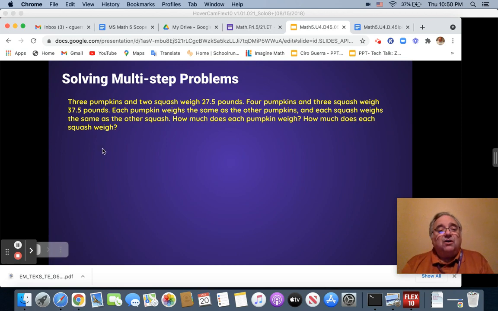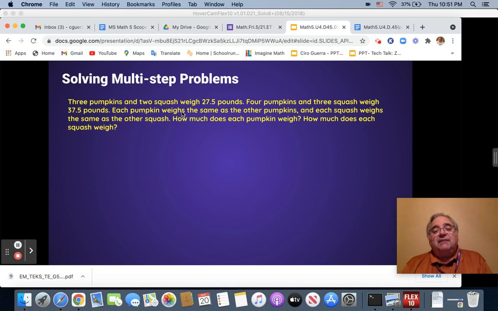So now we're going to go ahead and underline. I would underline that 3 pumpkins and 2 squash weigh 27.5 pounds. And then the next thing I would underline is 4 pumpkins and 3 squash weigh 37.5 pounds. I also know that pumpkins weigh the same as other pumpkins, and squashes weigh the same as other squash.